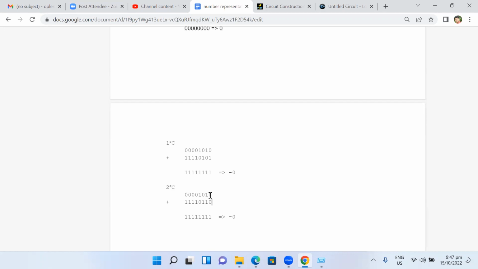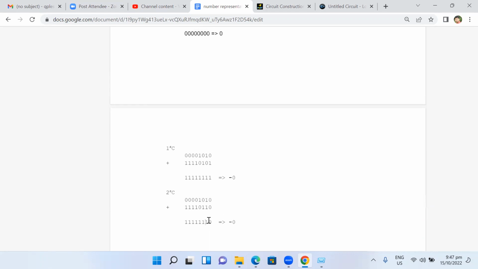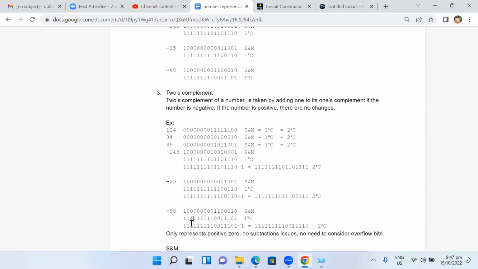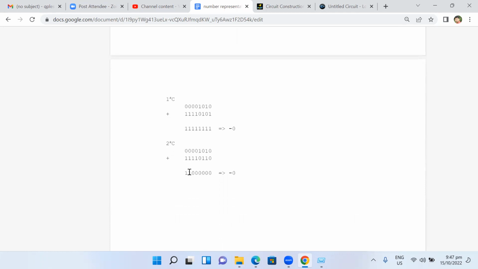Just add the numbers. 0 plus 0 is 0. 1 plus 1 is 2. 2 you can write as 1 0, remaining 1. 1 plus 1 is 2, so 0, remaining 1. 1 plus 1 is 2. This is 1 0, remaining 1. 1 plus 1 is again 2. So this will continue, and ultimately you will get the answer like this.